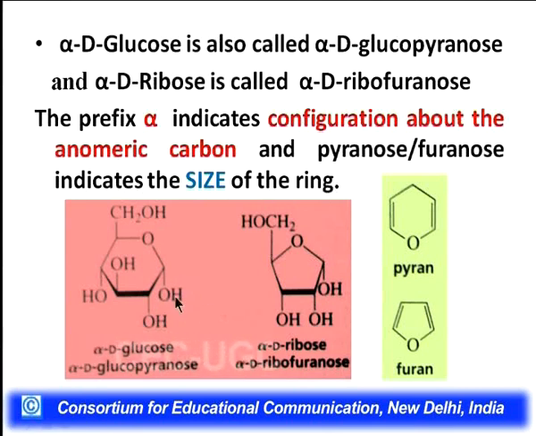So the alpha form indicates that the OH is going to be on the bottom of the anomeric carbon, that is the hemiacetal carbon. And pyranose and furanose indicate the size of the ring. A pyranose ring is a 6-membered ring and a furanose ring is a 5-membered ring, in analogy with the cyclic ethers pyran and furan.